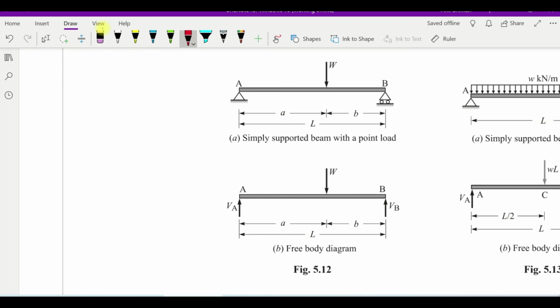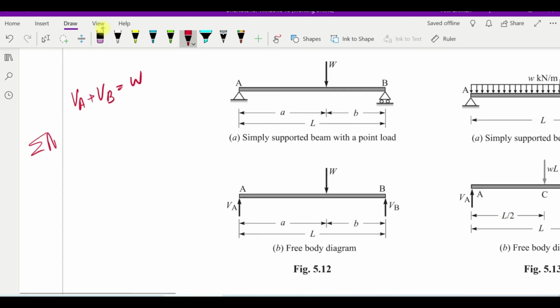This will give us VA plus VB is equal to W. And if I take moment about point A and put that equal to 0, I'll get clockwise moment due to W and anti-clockwise moment due to VB. So W into a, force into distance, minus VB into L is equal to 0. So VB is equal to Wa by L.